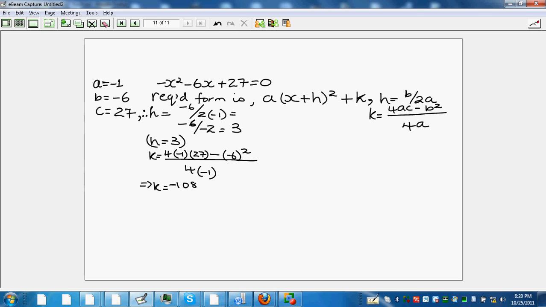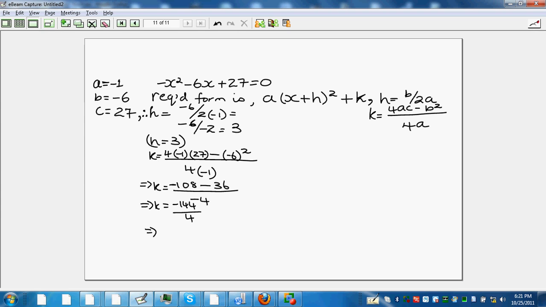Minus 6 squared will be 36. So it will be minus 36, all over minus 4. So k is going to be equal to minus 144 over minus 4.